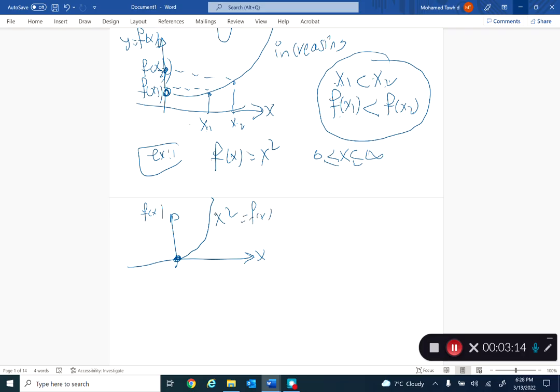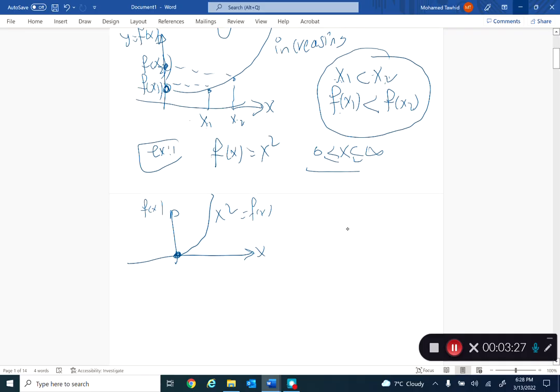This one is increasing, yes, that is from the graph. Assume the graph is not easy to figure out. Here is your domain, x greater than or equal to 0. If I take any two numbers you wish, for example 1 less than 2, is 1 less than 2? Yes. Now I need the value of f of 1. Replace x by 1, you get 1 squared, which is 1.